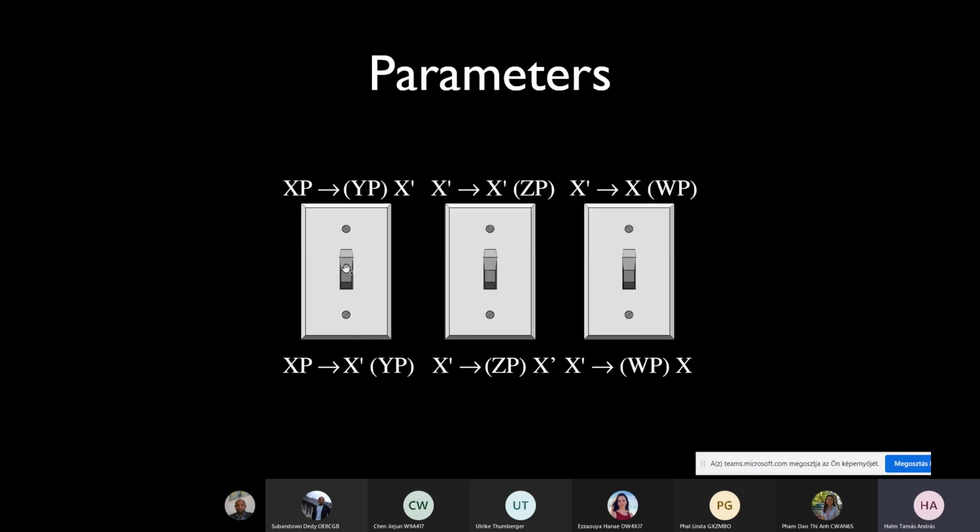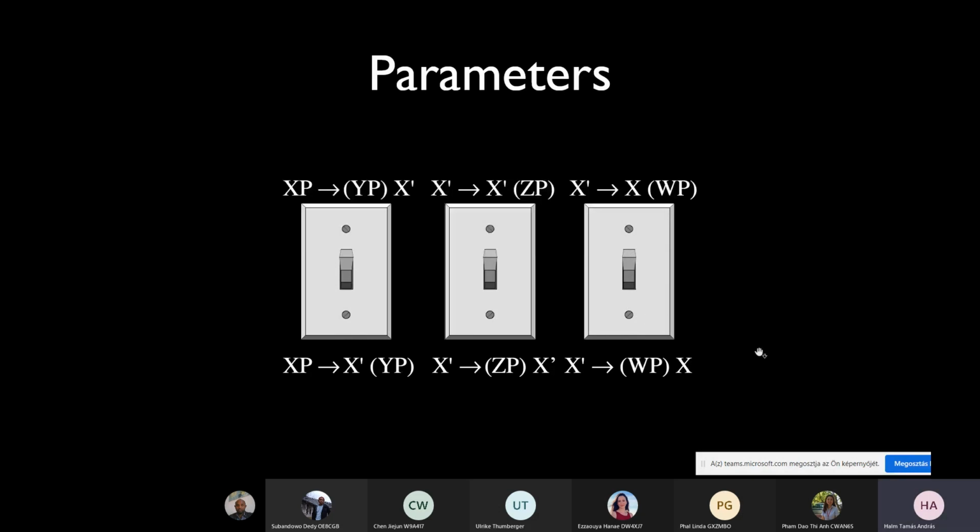Either or. It's like a switch, on and off. Looking at complements, either the complement follows the head or precedes the head. This is a switch. And the idea is that when children learn a language, they sort of listen to the sentences they hear. And based on this, they decide, metaphorically speaking, whether the switch should be up or down.